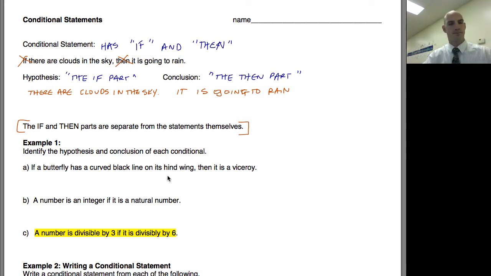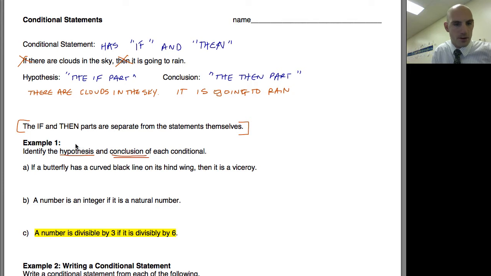In example 1, we're going to identify the hypothesis and the conclusion. And we're going to do that by underlining the hypothesis once and the conclusion twice. Very important to see how this works. In A, if a butterfly has a curved black line on its hind wing, then it is a viceroy.